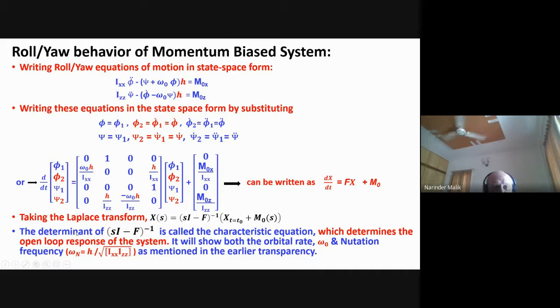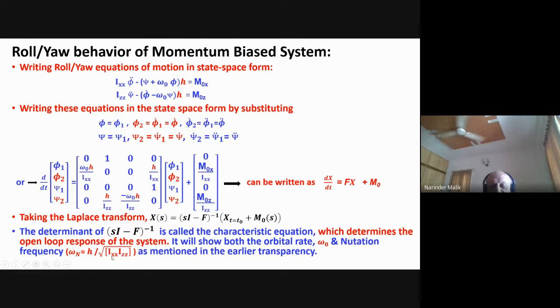Now, you see the determinant of sI minus F, the determinant of this matrix, is called the characteristic equation, which determines the open loop response of the system. When you take the determinant of this matrix, you will see it shows both the orbital rate and the nutation frequency.